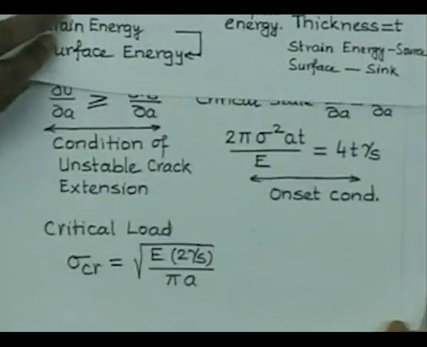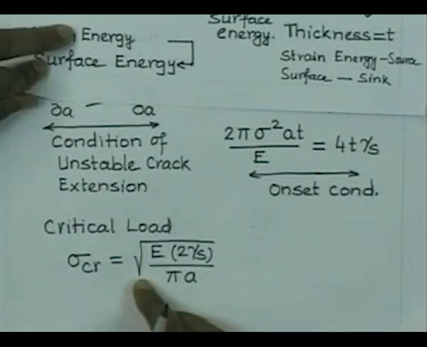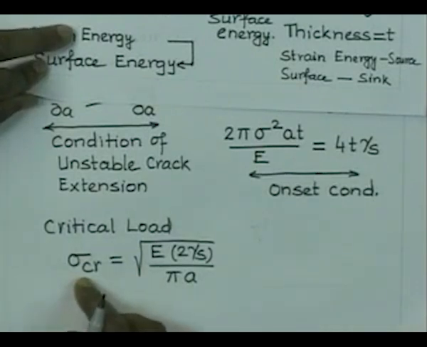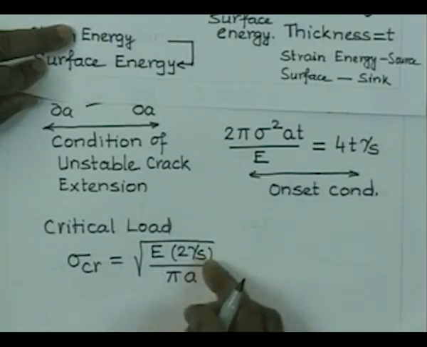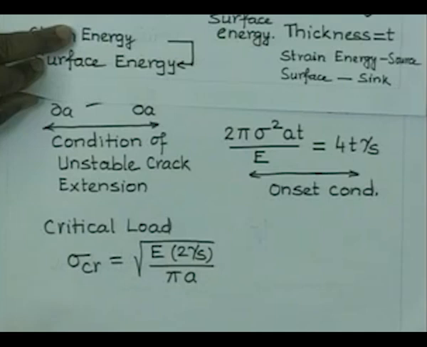So, this is a very important relationship. It gives you the critical stress which will trigger the extension of a crack in a material with surface energy capacity equal to gamma s.